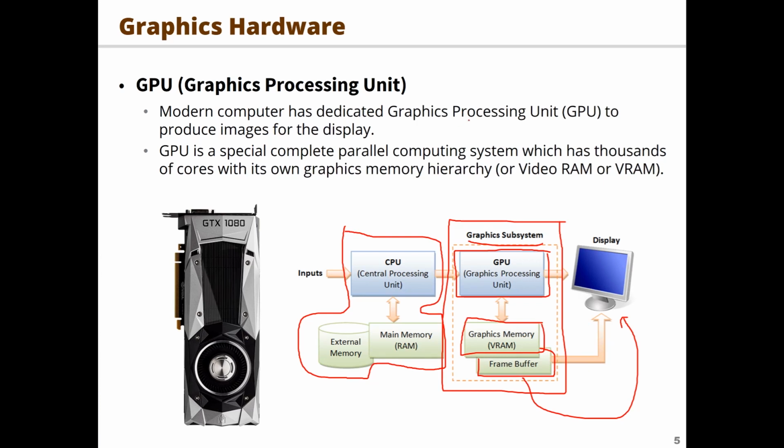But the memory is virtualized, so you don't see whether the memory is from main memory or other separate memory. You don't see how that memory is organized. So from your point of view, you always see separate memory for the graphics processing.